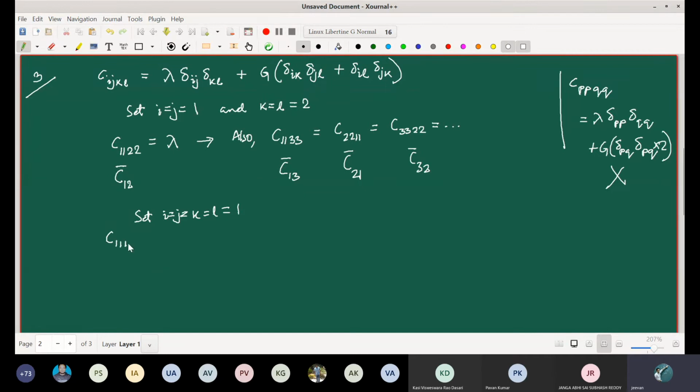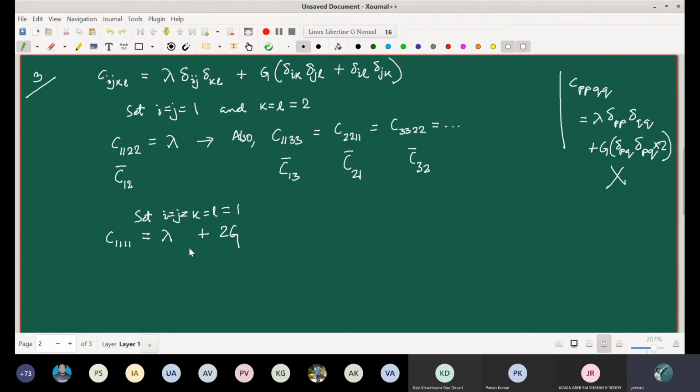So this is C1111 equals lambda times delta 11, which is 1, delta kl, which is 1, so this is basically 1. And here we again have delta 11, that is 1, delta 11, this is 1. Overall this is 1 and this is 1, so that's twice G.